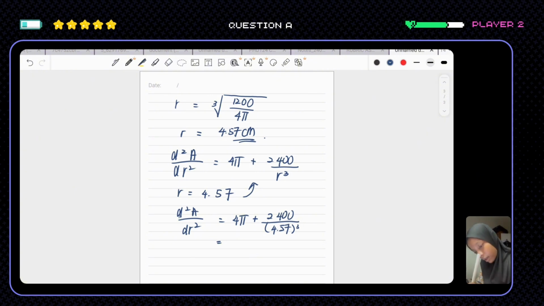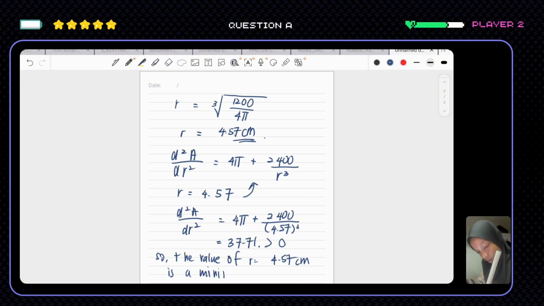So the value is 37.71. We know that 37.71 is greater than 0, so the value r equals 4.57 cm is the minimum value.